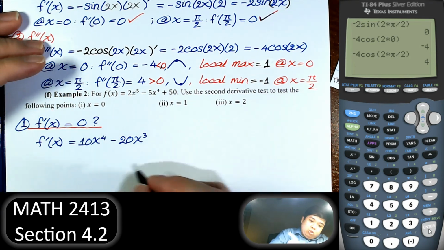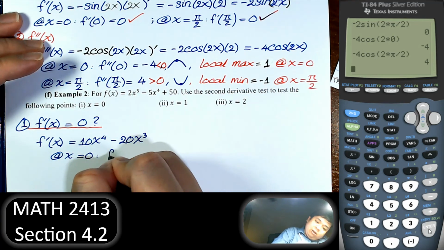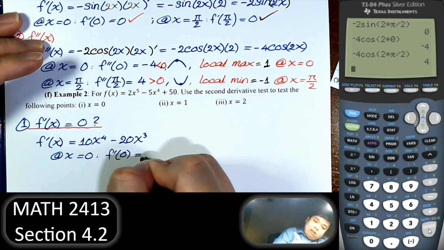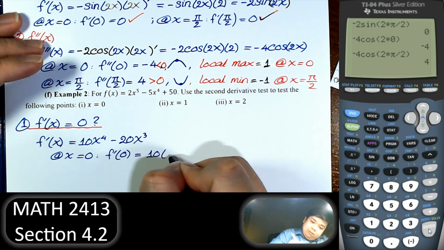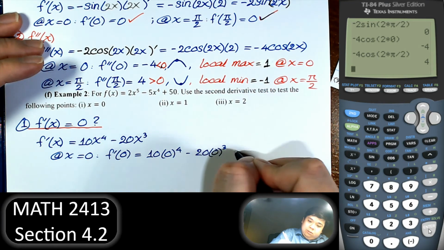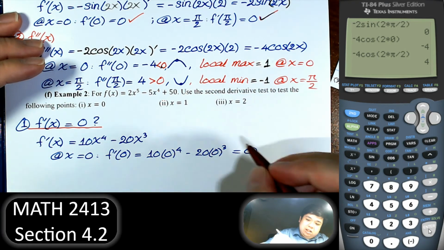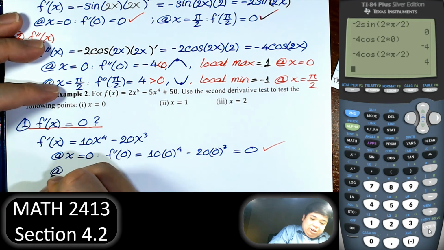Now let's test these 3 points. At x equals 0, derivative, put 0 in here. So yes, that checks.